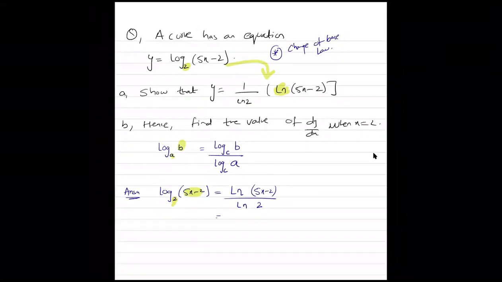Since ln 2 is just a constant value, I can write 1 upon ln 2 times ln of 5x minus 2. That is shown. This was asked to show. Is the first part clear? Yes, sir. Now please do the second part.